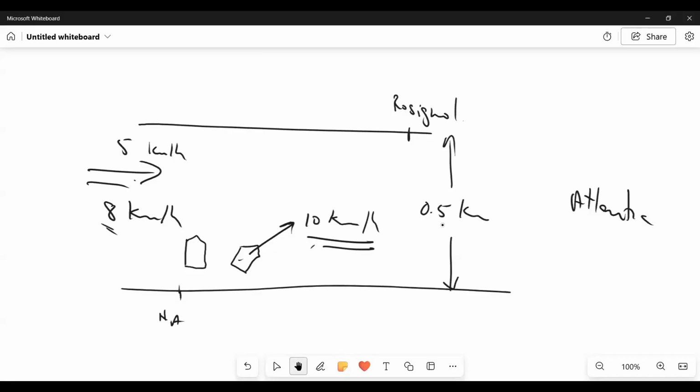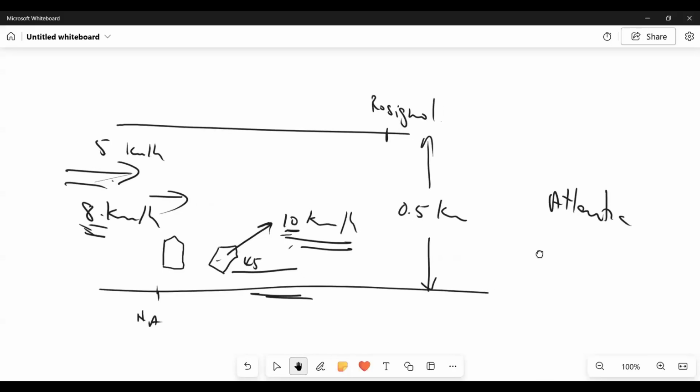What can very well happen, and maybe this is a problem you can take down and analyse, is that if this thing points in this direction, let's say you make a 45 degree angle with this bank, and you start off at 10 here, and then this thing is going at 5 and 8. Remember, the current is 5 km per hour, and the wind is 8 km per hour going in that direction. Let's just say both of them are going there. Let's see if we can model this problem and see what happens, right?